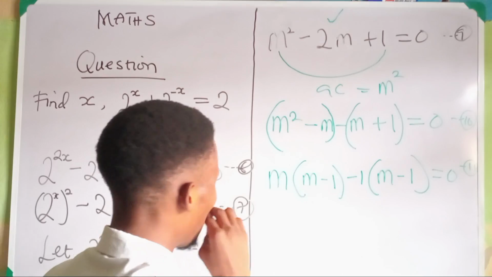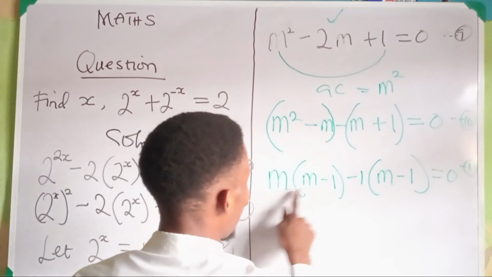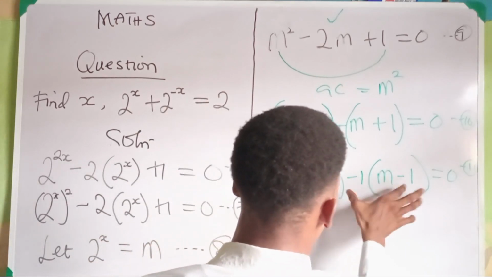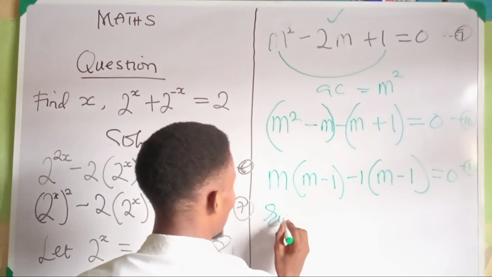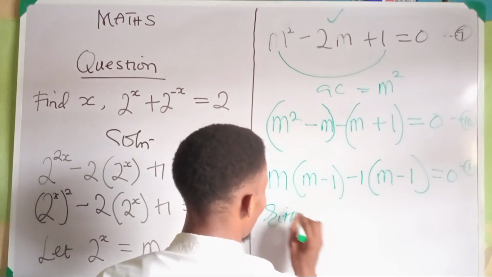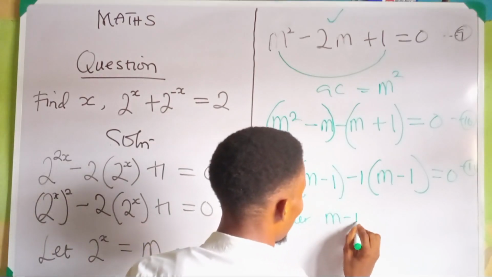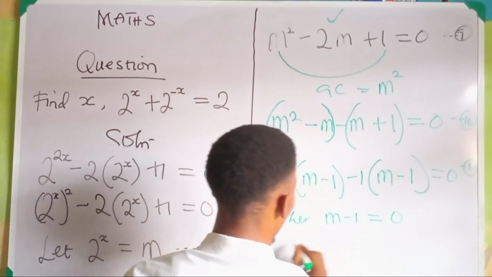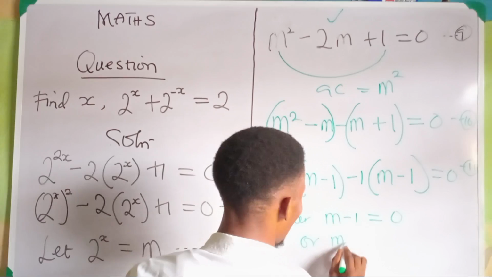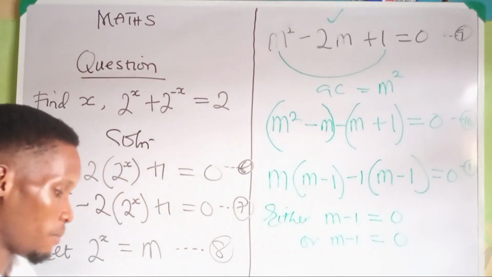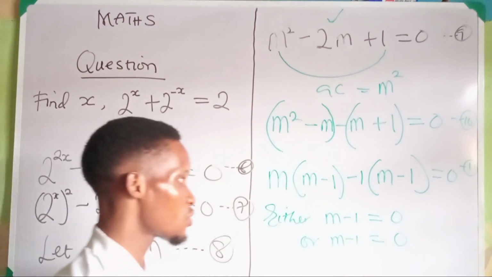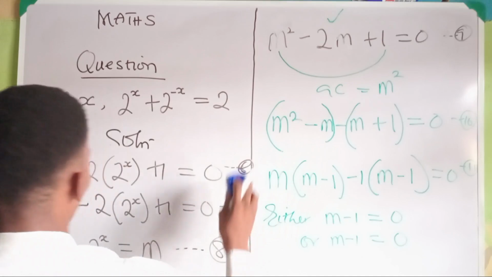So now you can take m minus 1 and the one of these that are in the bracket. So it will now be, it's either m minus 1 is equal to 0, or m minus 1 is equal to what? 0. In this case here, they are all the same. So let's just solve with 1, which is m minus 1.